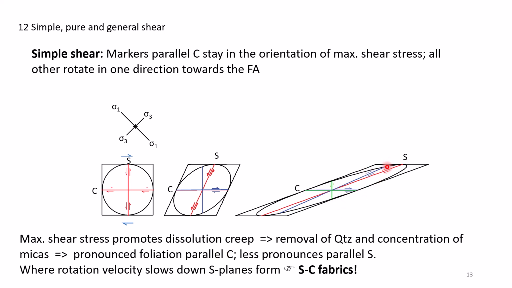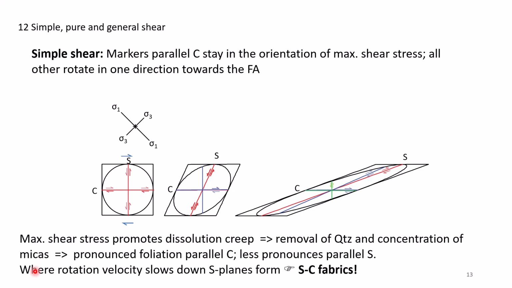The S-plane, as we see here, rotates quickly out of the orientation of maximum shear stress. That means that along the S-planes, dissolution creep will be less effective. And therefore, the S-plane in SC fabrics is always less prominently developed.